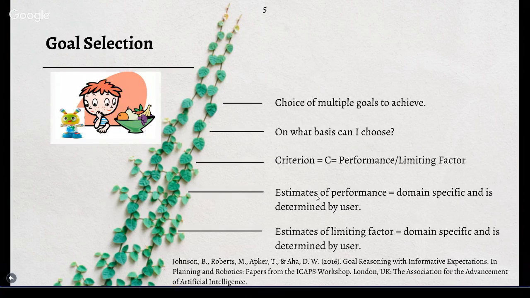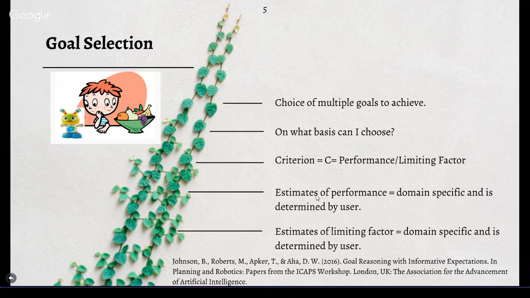Here in MIDCA, we have implemented the ratio of performance to limiting factor, where the performance and limiting factors are domain specific, but the estimates of the performance and the limiting factor are estimated by the agent. We call this smart selection criteria.